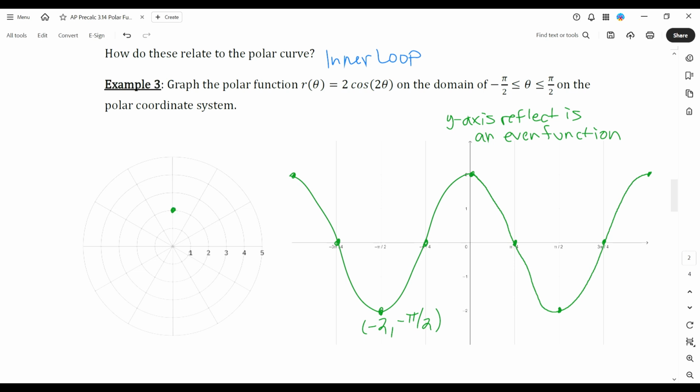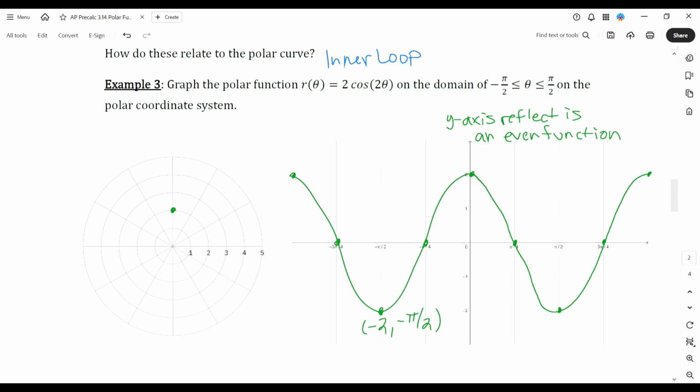So that is negative 2, negative pi over 2. Actually, let's do these 5 points, and then we're going to fill in some points in between.